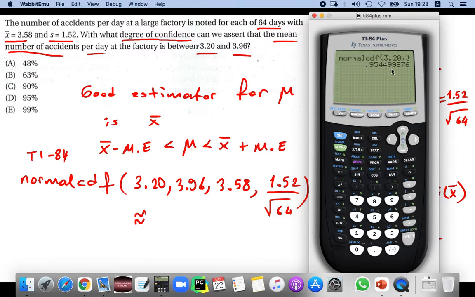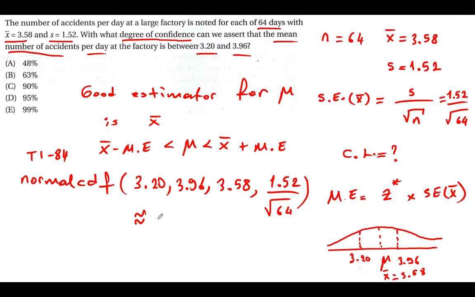0.95449. So when I look at 0.9544, it's clear that by multiplying by 100, we get 95.44, and when I check the alternatives, the result is D. Yeah, that's it.